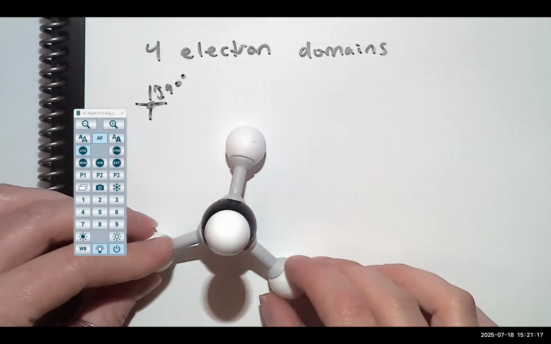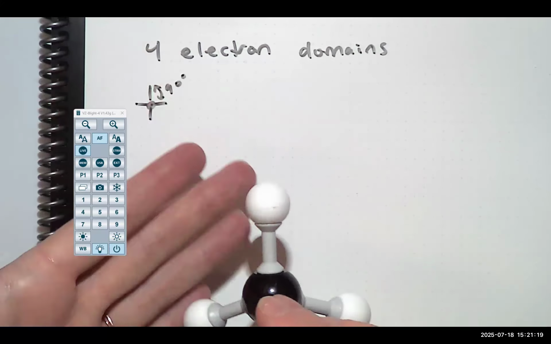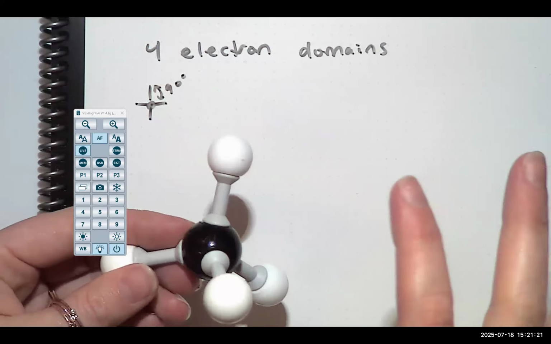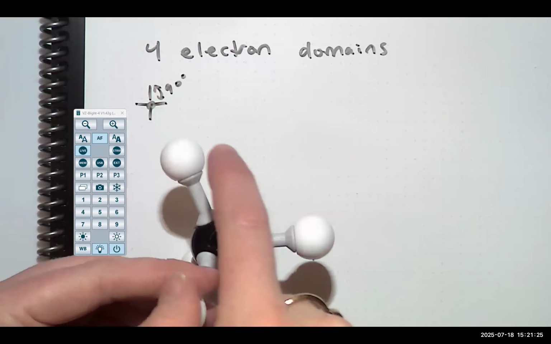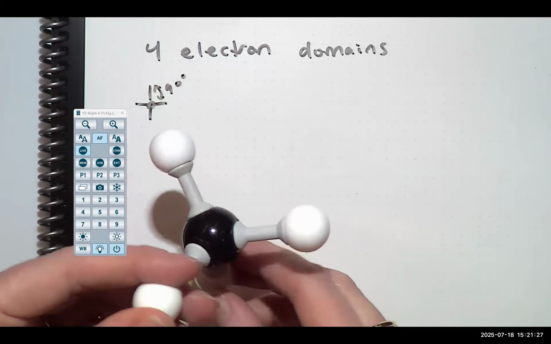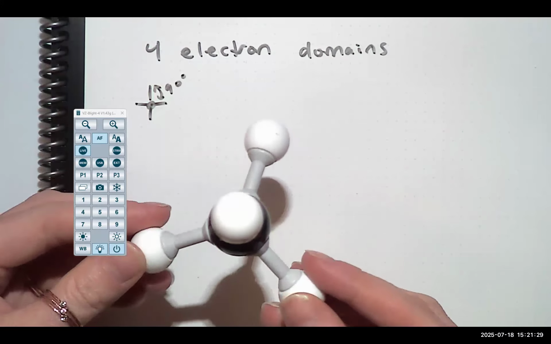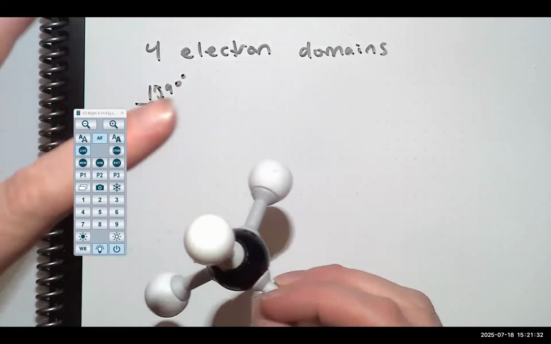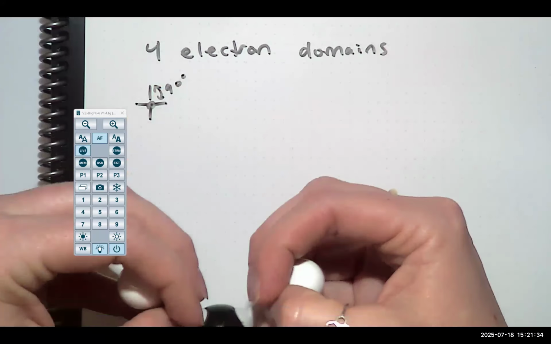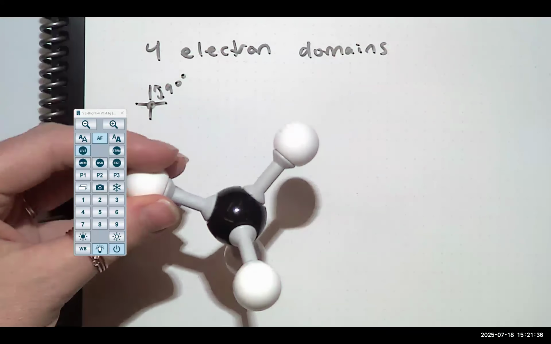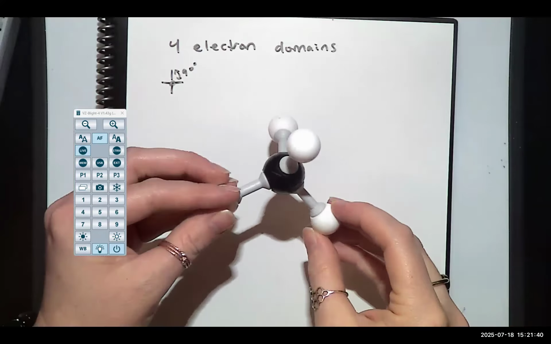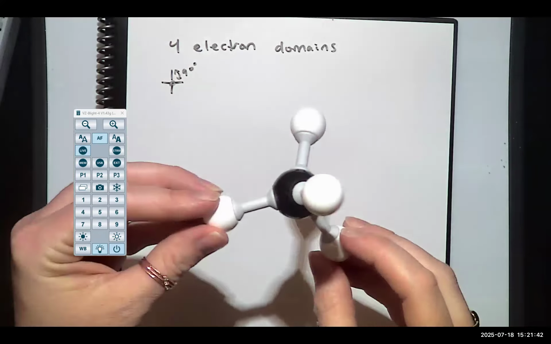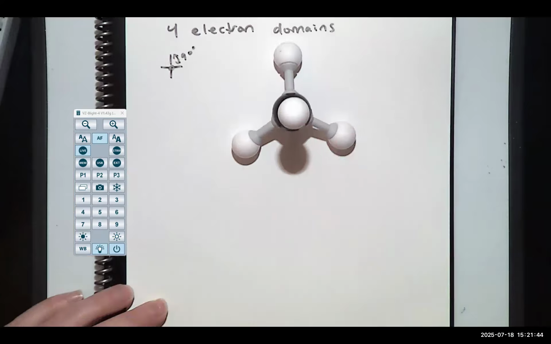You can see that if everything was laid flat in a square, you would get 90 degrees between them. But here we have larger angles than 90 degrees. This is about 109.5 between them. If you have 4 electron domains, these big clouds of electrons are going to repel each other, and they're going to push each other as far away as possible. And so the best way to push one another away is to get to 109.5. So that's if we have 4 electron domains.